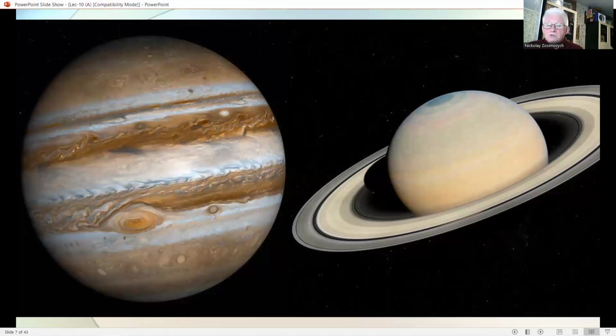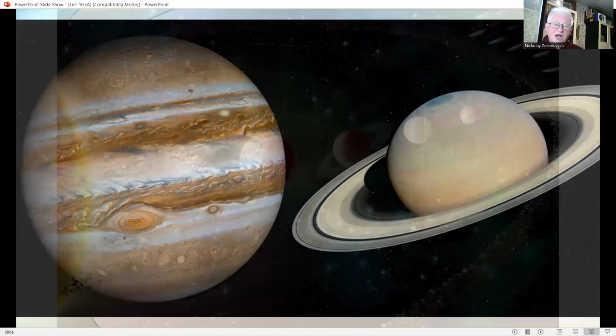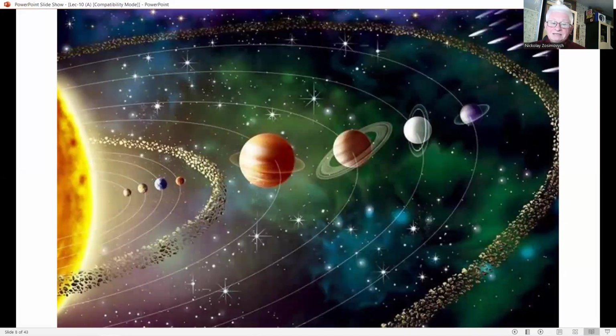In fact, both Jupiter and Saturn radiate more heat than they absorb from the sun, so they are evidently still cooling. A glance at the solar system suggests that you should expect to find a planet between Mars and Jupiter, at the present location of the asteroid belt.